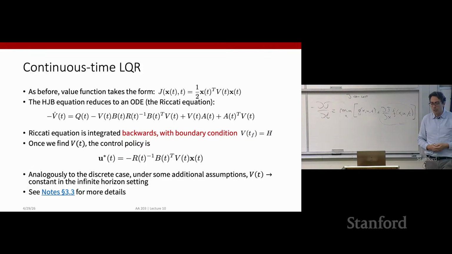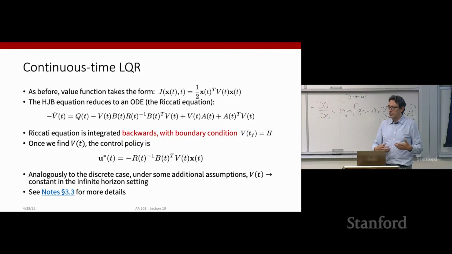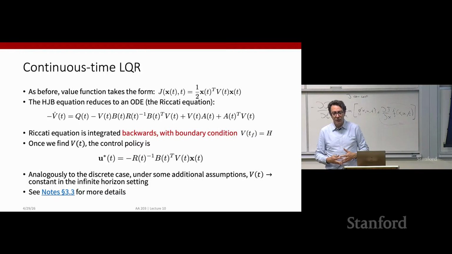So, I mean, quite quick. My main point is that the way that the solution for LQR will be derived is by guessing what the optimal cost is, parameterized with respect to a matrix V, plugging it into the Hamilton-Jacobi-Bellman equation, and seeing if there is an appropriate choice of V such that the partial differential equation is satisfied, because if it is satisfied, indeed, J is the optimal cost to go.